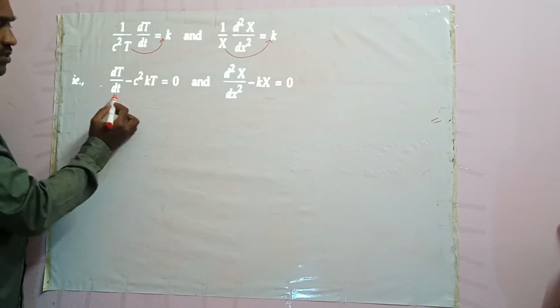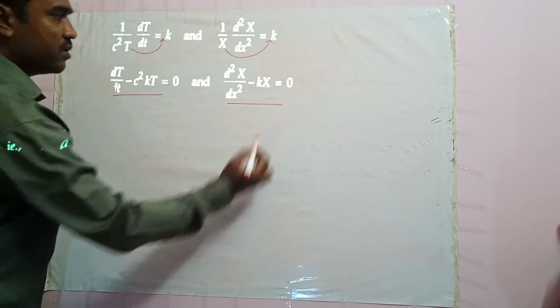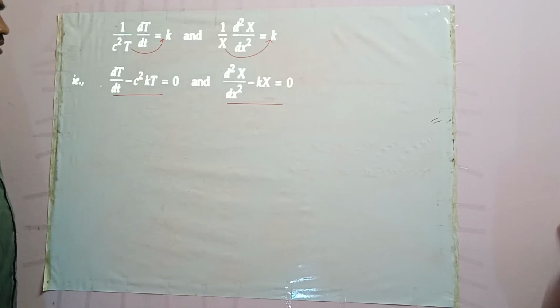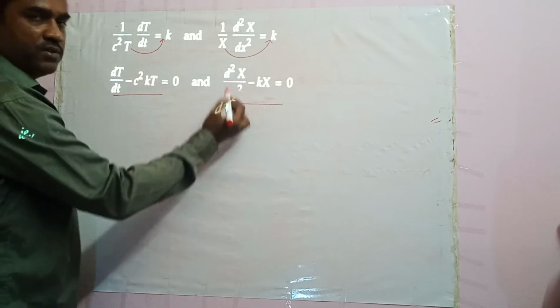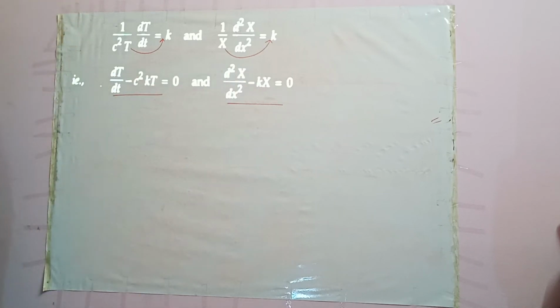So this is one ordinary differential equation, and this is another ordinary differential equation. We write these in terms of capital D first, then write the auxiliary equation.